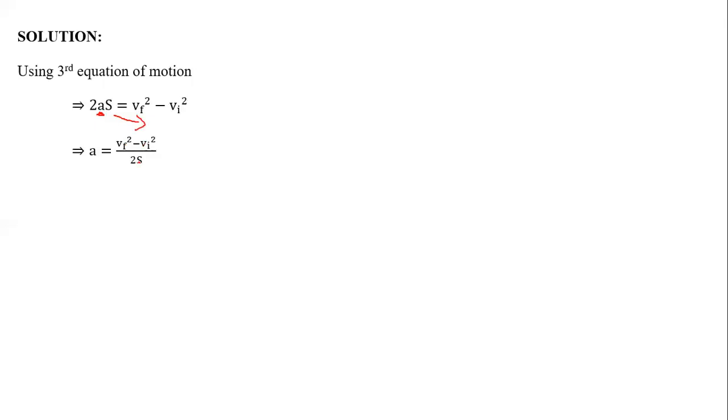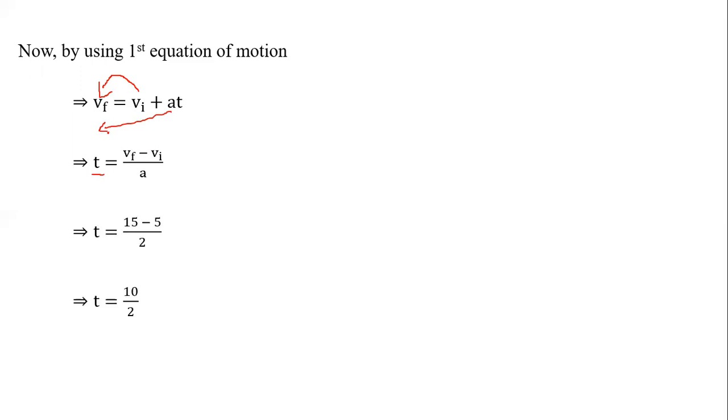Now put all the values. Final velocity is 15, initial velocity is 5, 2 is as it is, and s becomes 50. Now, 225 minus 25 upon 100. Then do a little more maths, and we find the acceleration, which is 2 m/s square.